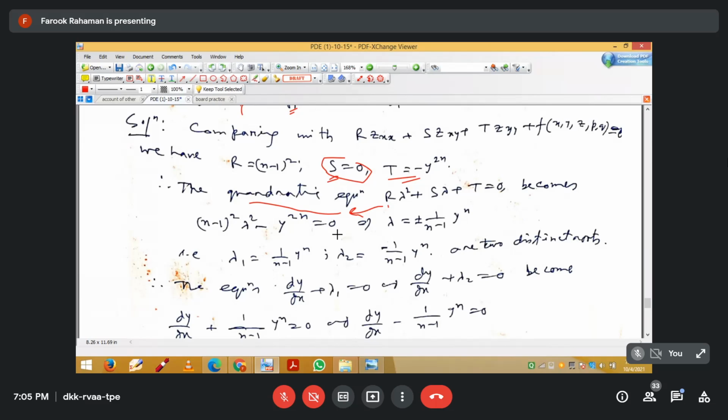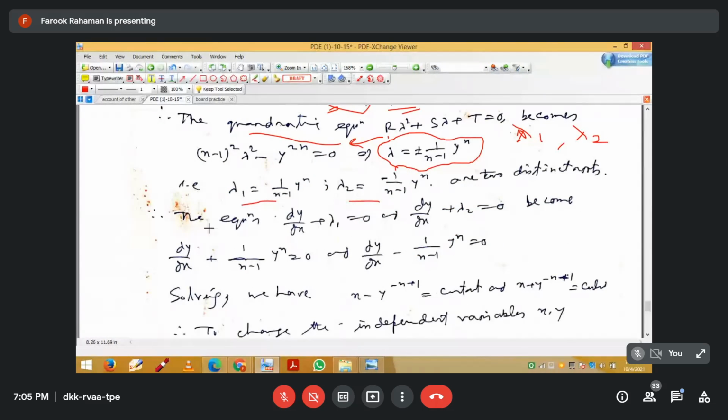One can easily solve for lambda. One can see that lambda has two different forms. Taking the positive term, one gets lambda 1, and taking the negative term, one gets lambda 2. So we have in hand two different solutions for lambda.